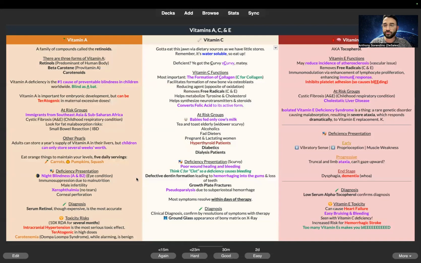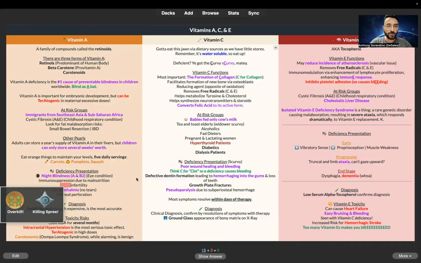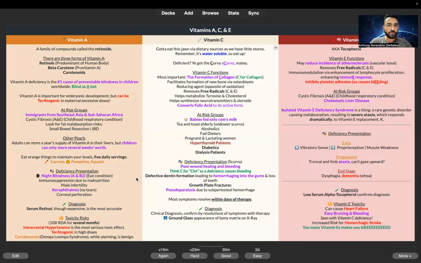These progressive vitamin E deficiency, dysphagia, dementia, end stage vitamin E deficiency is going to give you that dementia. Male infertility for vitamin A, xerophthalmia can cause heart failure. So again, too much vitamin E, heart failure and bleeding slash hemorrhagic stroke.